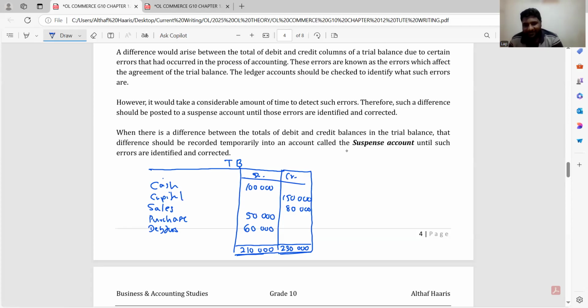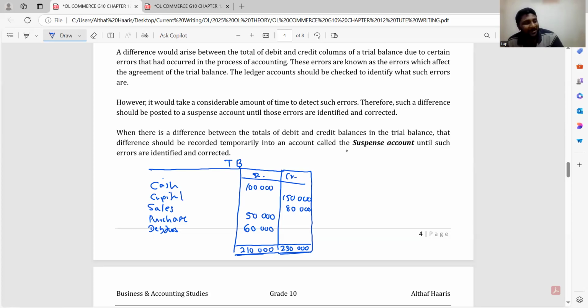So when you look at this one, at first sight you will be able to tell your accounts are wrong. Not like the previous one, where even if you see the trial balance, you will not be able to tell whether the accounts are correct or not. Here it's not like that.